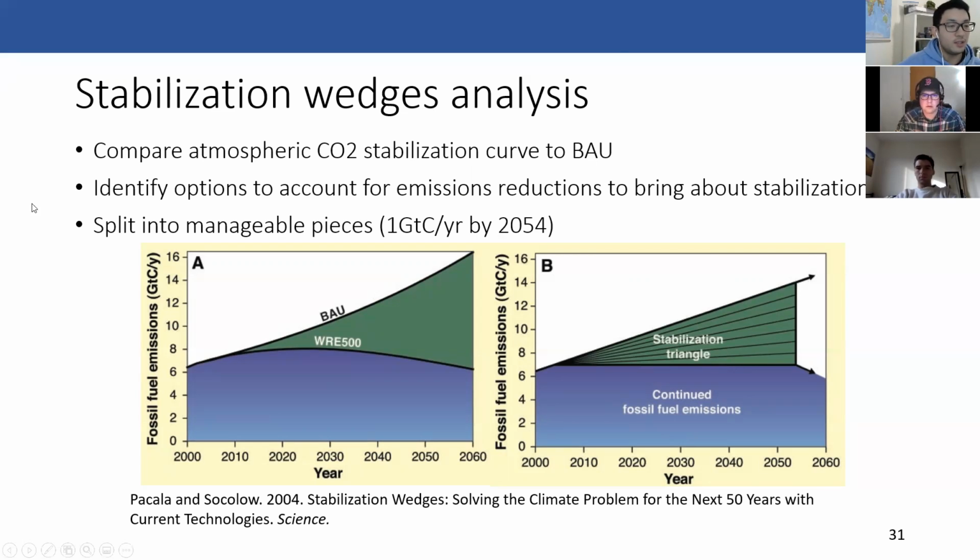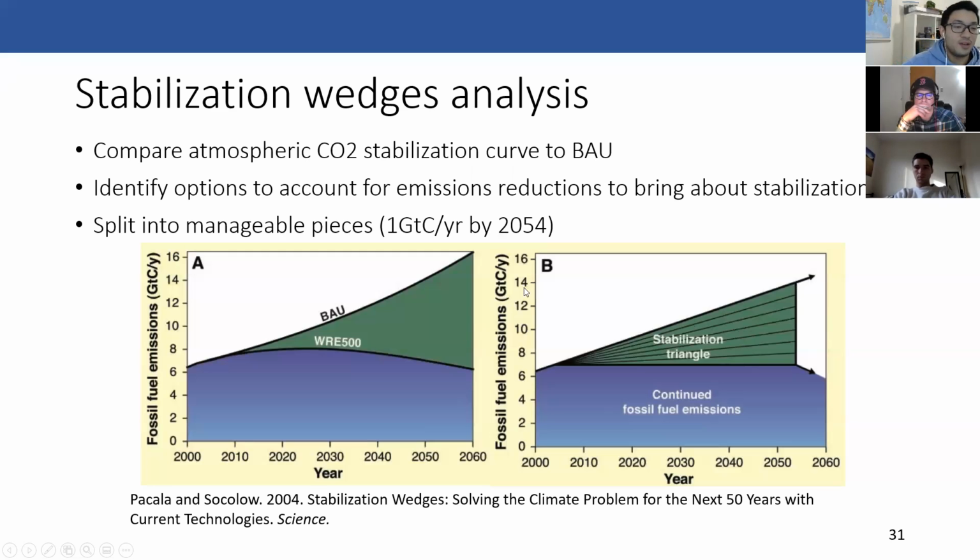And so what I can do is figure out how much each of those mitigation options would decrease the emissions from your business as usual. And so you have this thing that's known as a stabilization triangle, where each measure brings you down to the next line.